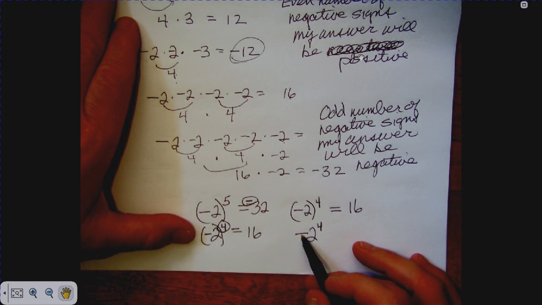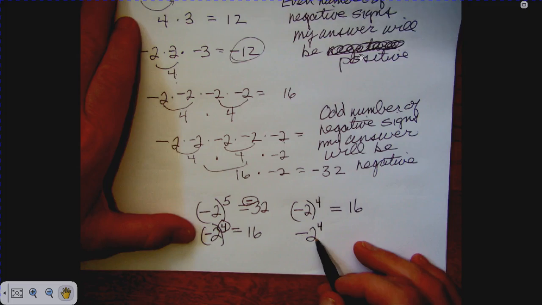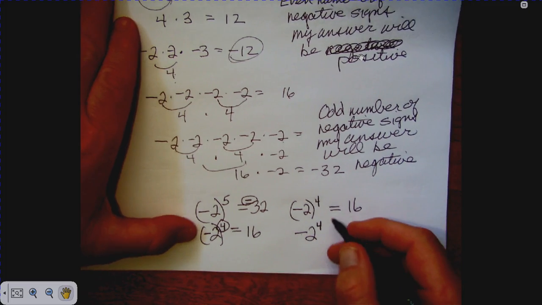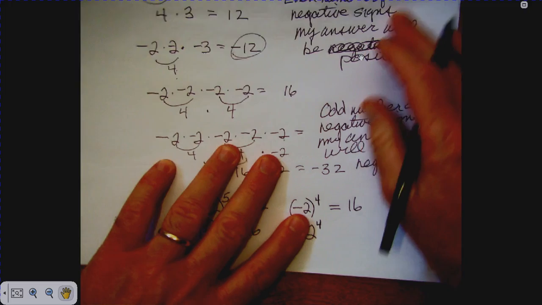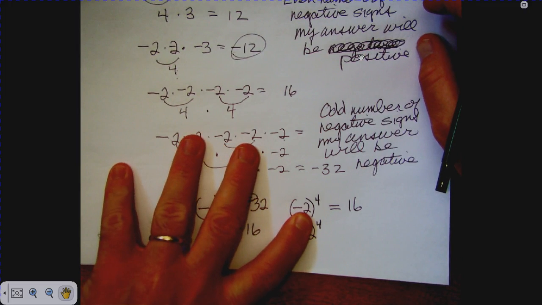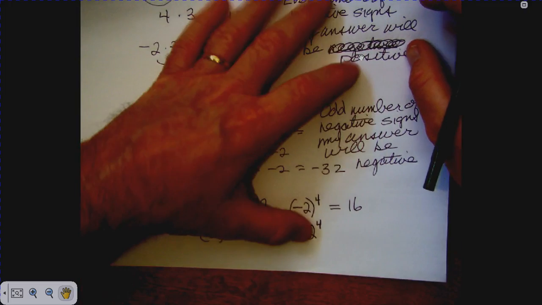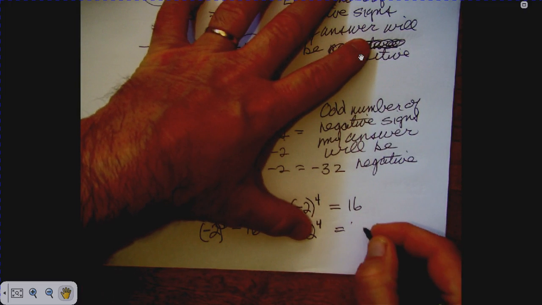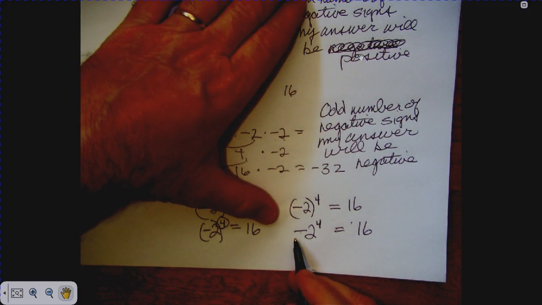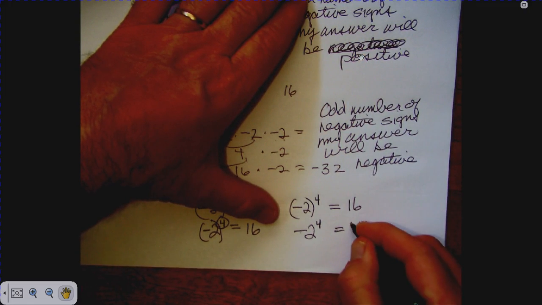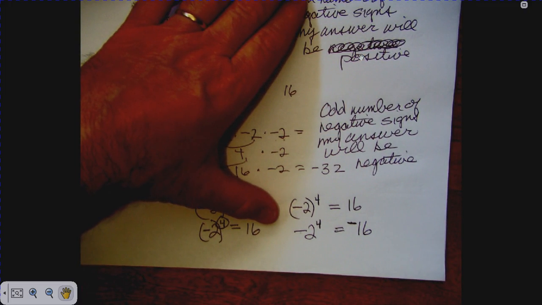The negative sign is not raised to the 4th power. The only thing that's raised to the 4th power is 2. So what I have here is 2 to the 4th, and 2 to the 4th is 16, and outside of that I have this negative sign, so this answer is -16. So that's just a little tricky thing when you have exponents in negative numbers.